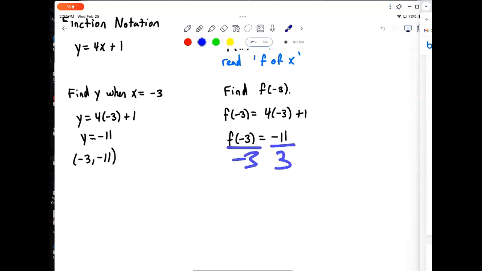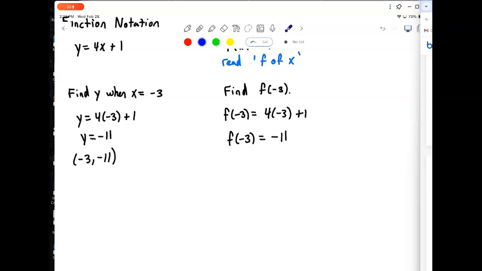I see people divide by -3 there. But no, that's not there. F is -11. The 3 is just reminding us about the other part of that point. So that's the idea with function notation. Hopefully that's familiar to you. You've seen it before.